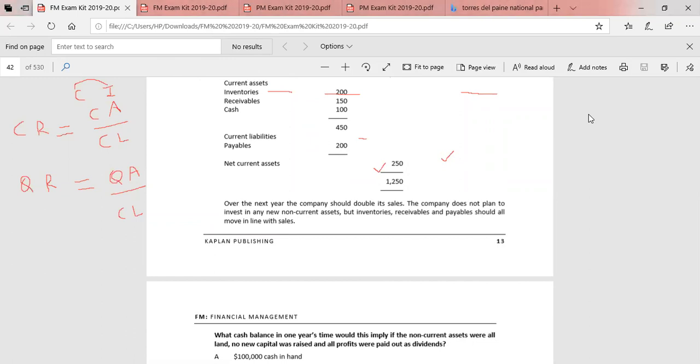Over the next year, the company should double its sales. The company does not plan to invest in any new non-current assets, but inventories, receivables, and payables should all move in line with sales.